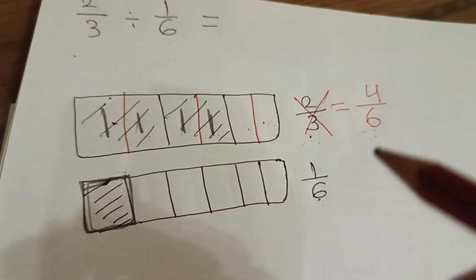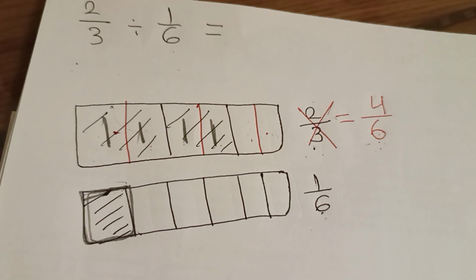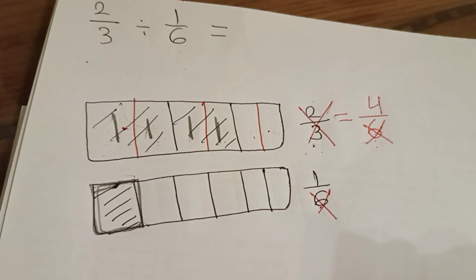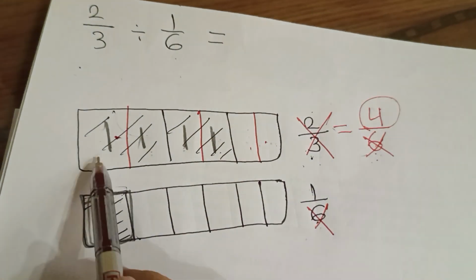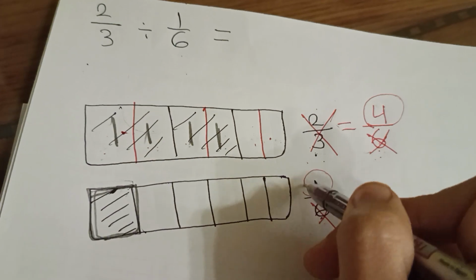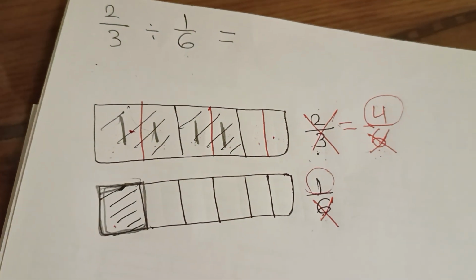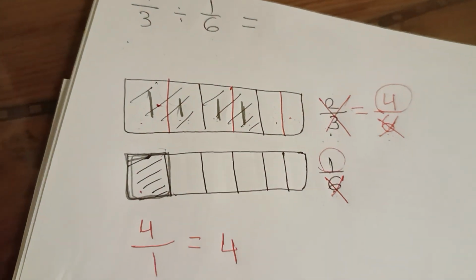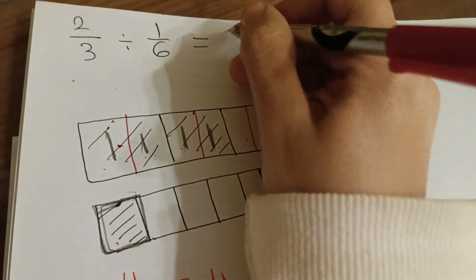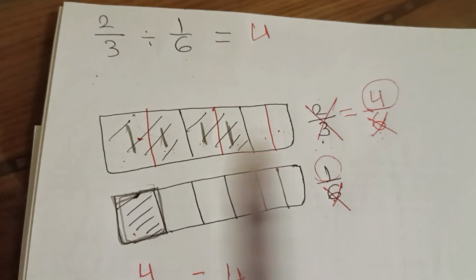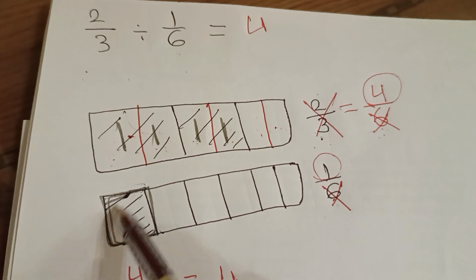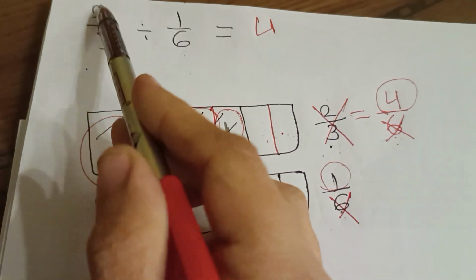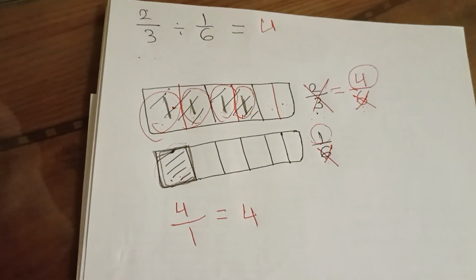So to solve this problem in a direct way, I can cross these 6 with these 6 and take the number up, which is 4 unit fractions, over 1, which is only 1 unit fraction. So it will be 4 over 1, and 4 over 1 equals 4. So the answer here will be 4. And it means that I have 4 groups of 1/6s forming my 2/3 fraction.